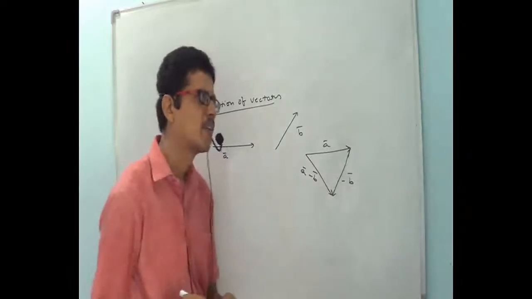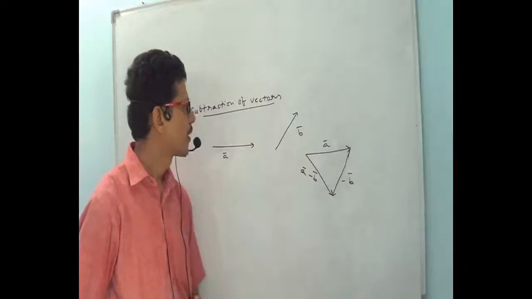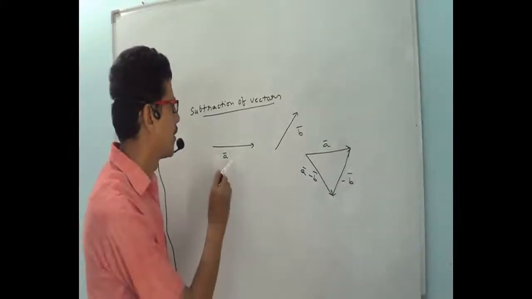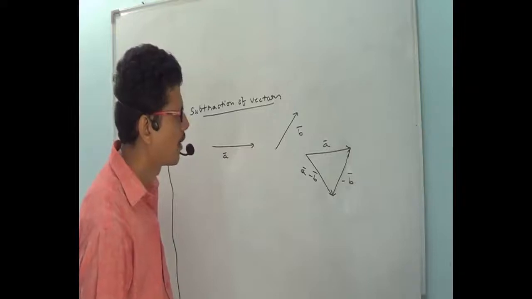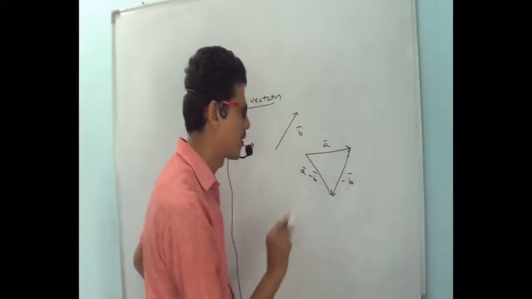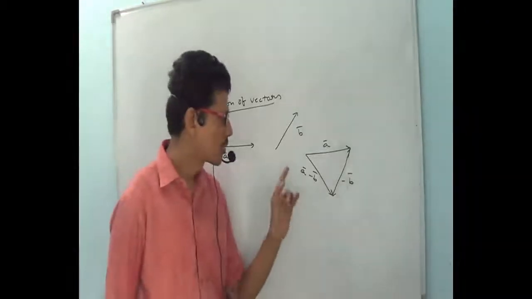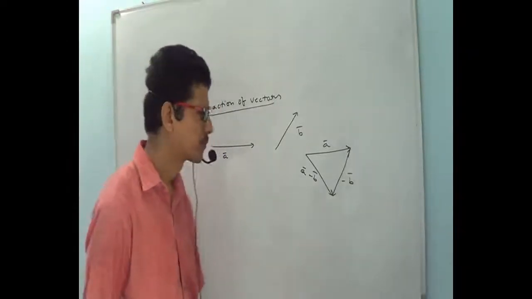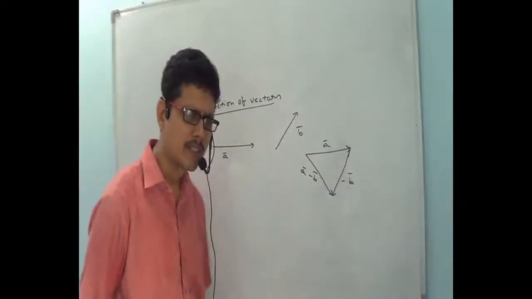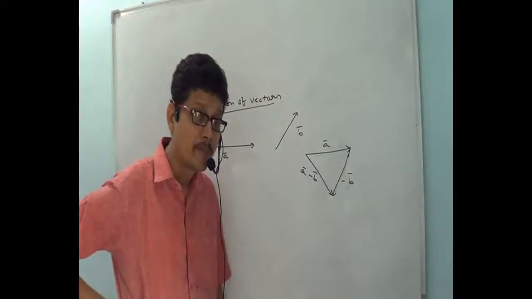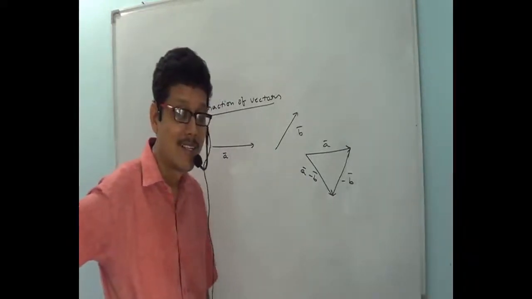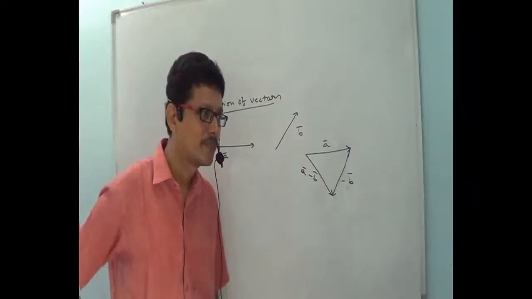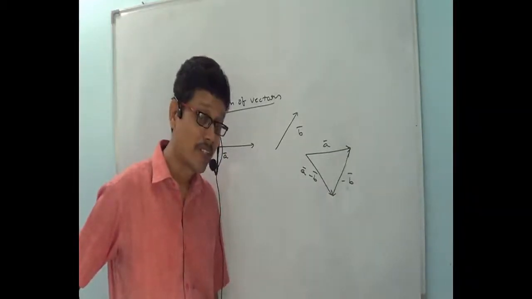Write down the statement. Two vectors A bar and B bar are said to be subtracted if we add the first vector with the negative of the second vector.